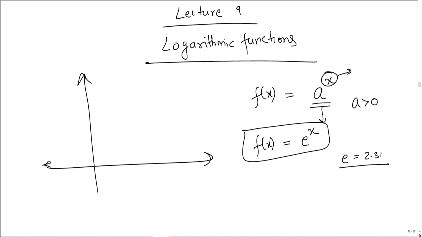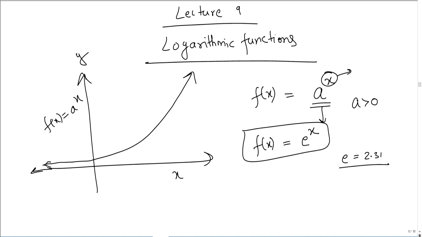You can make it slightly more curvy. The main thing with the exponential function is that, this is the x axis, this is the y axis. In the beginning it increases slowly. As the value of x changes, the value of y changes by a very small difference. It is almost flat, almost parallel to the x axis here, but as the value of x keeps increasing, the value of y starts increasing rapidly.